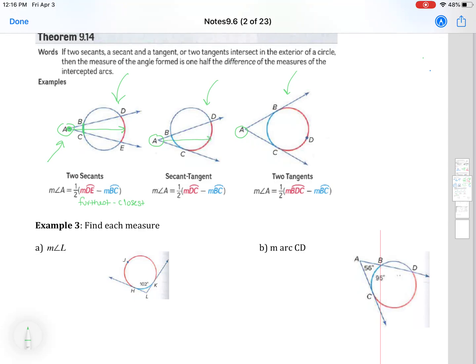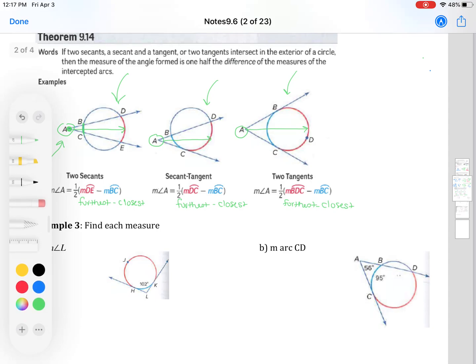And it's always according to the angle, which is A in this case. For the second one, again, furthest, DC, so furthest minus closest, which is BC. Same thing here. Furthest, which would be BDC in this case, so furthest minus the closest, which would be BC. But they all use the same exact formula.